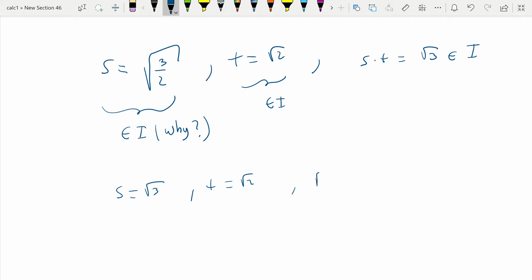Then the product will be the square root of 6. And the proof that this is actually irrational is simpler. So it's more similar to the proof for the square root of 2, square root of 3 for irrationality.